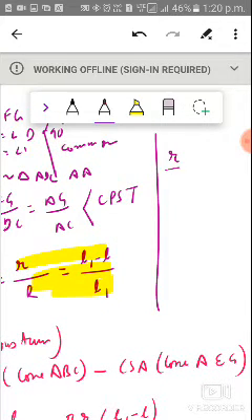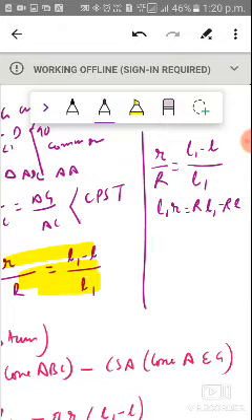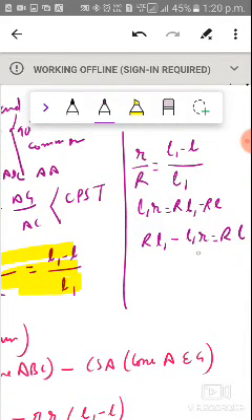I can write r by capital R is equal to L1 minus L by L1. Okay, cross multiplying, I can write L1 r is equal to R L1 minus R L. Okay, we can write as R L1 minus L1 r is equal to R L, taking the terms which have L1 on the same side, right?